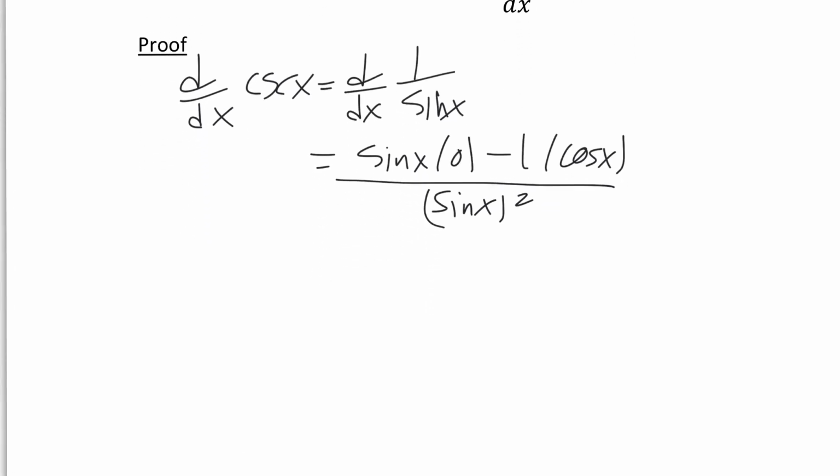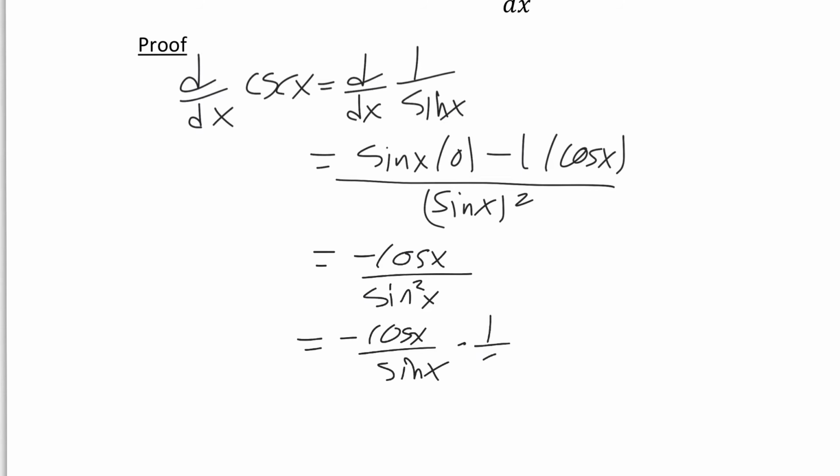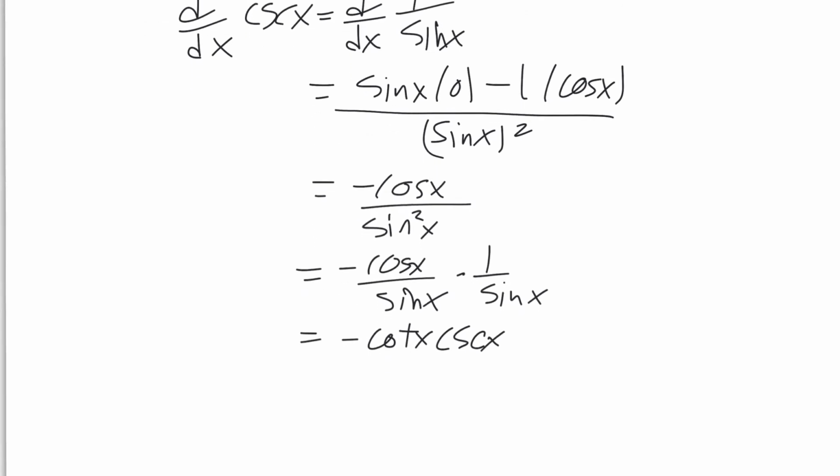The 0 makes the first term disappear, so we have minus cos x over sine squared x, which we write as minus cos x over sine x times a 1 over sine x. This will be negative cotan x and then cosecant x, which we usually write in the other order as negative cosecant x cotan x.